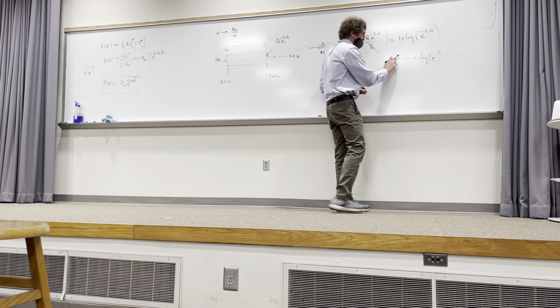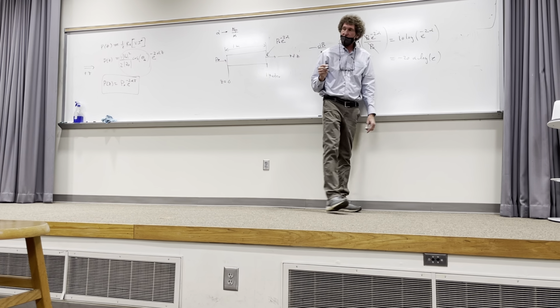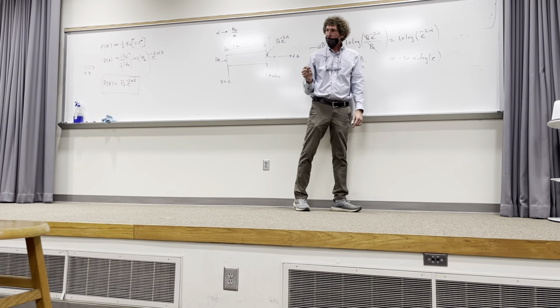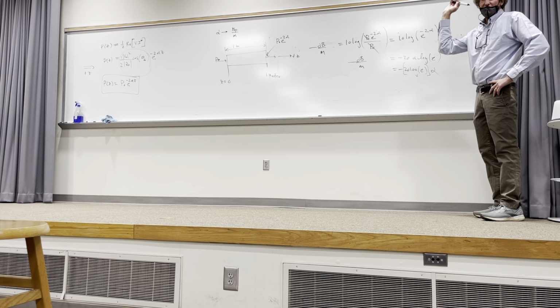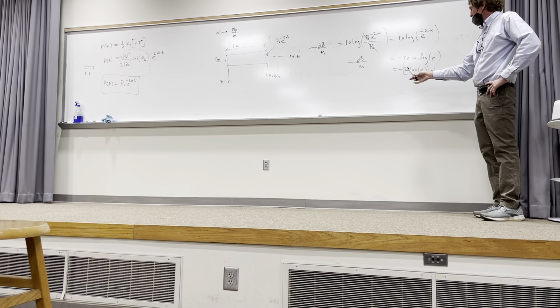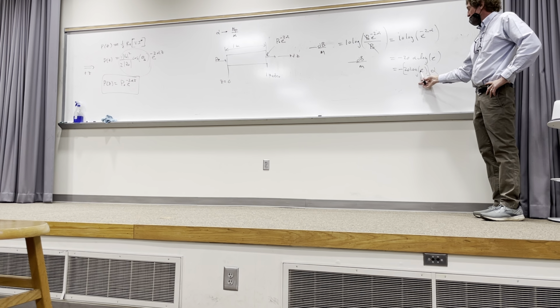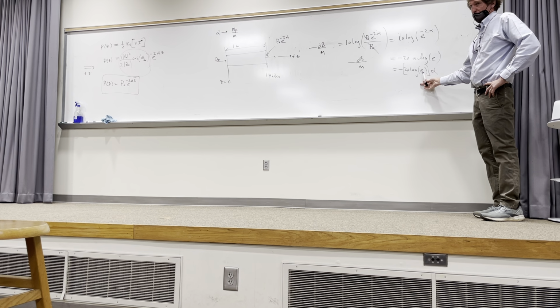If you have your calculators, do this with me. This is minus 20 times log base 10 of e, times alpha. Go ahead and take 20 times log base 10 of e. You should get 8.686, but do it and convince yourself.